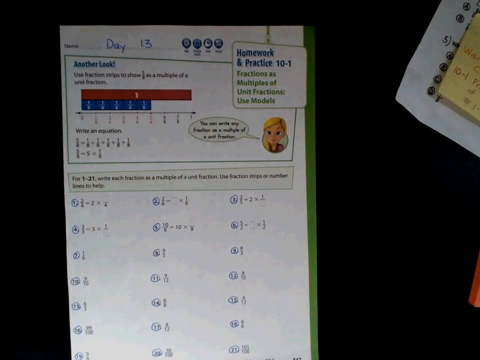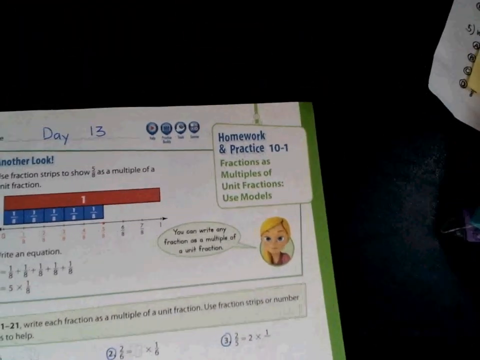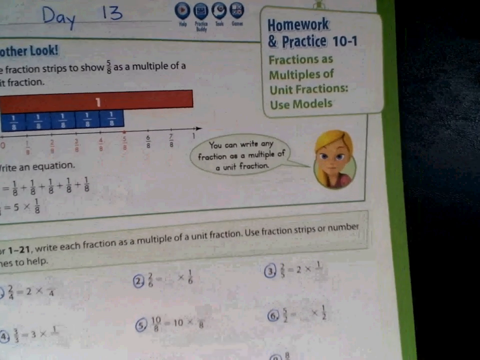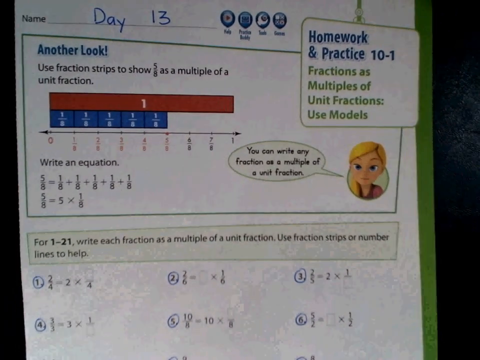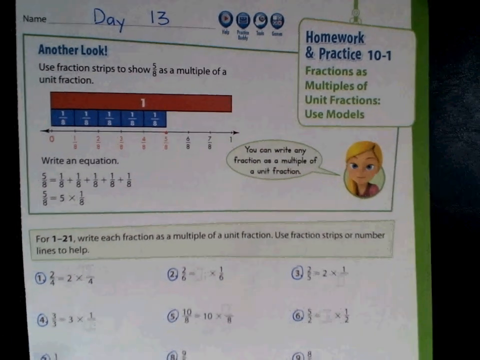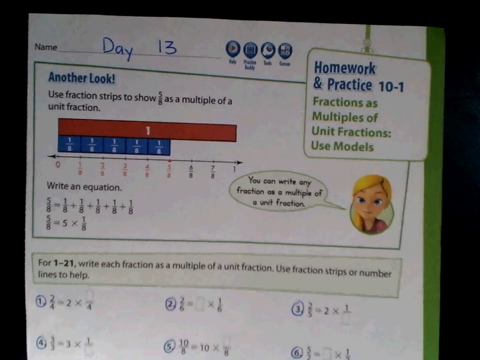So let's take a look at the another look example, and I will zoom in on that for you guys. Okay. So it says use fraction strips to show 5/8 as a multiple of a unit fraction. Here they actually drew out the fraction strips for us.